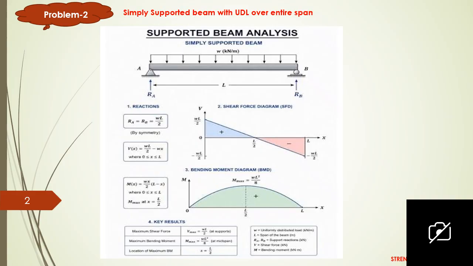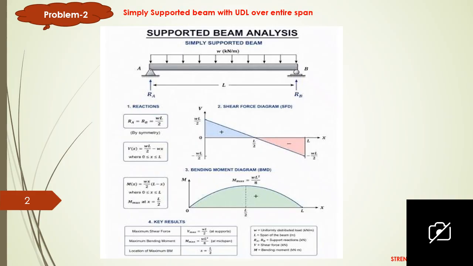Whereas in the point load, the load is acting on the particular point only. So only that is mentioned in Newton or kilonewton. But here you can see W kilonewton per meter. So you have to convert the UDL into total load, that is W into L. And also it is acting at a distance of L by 2.